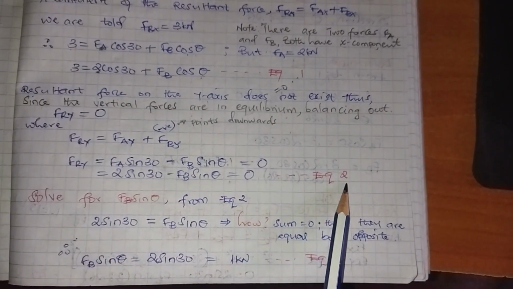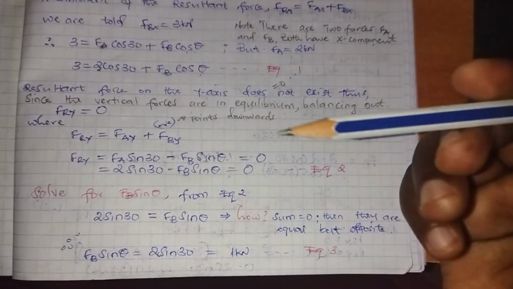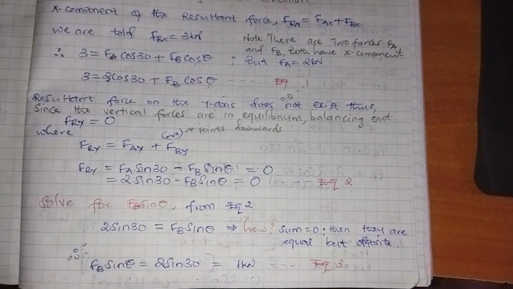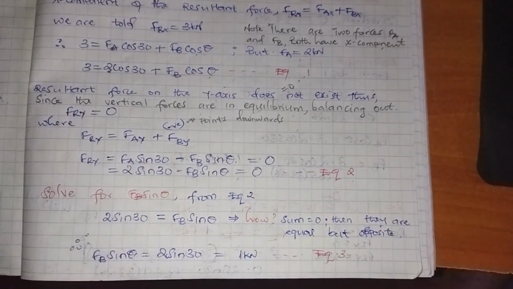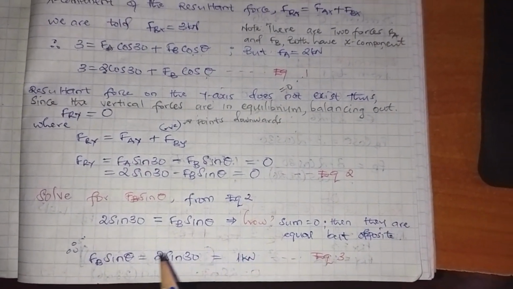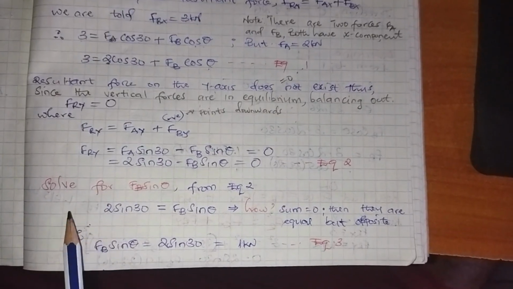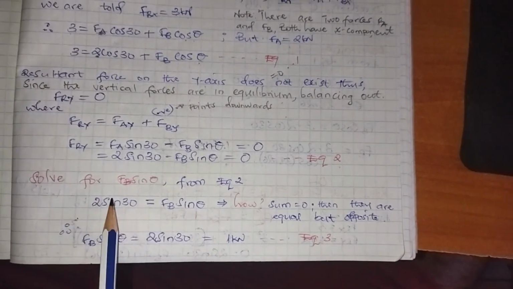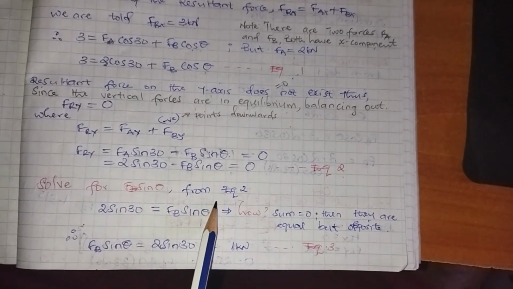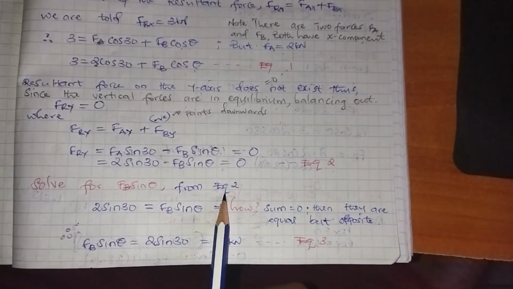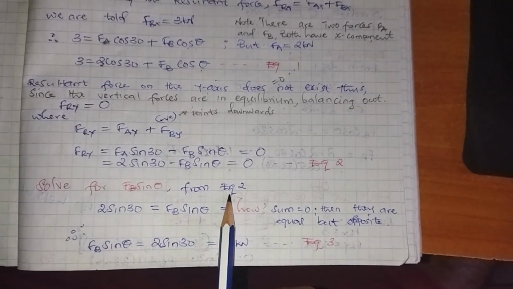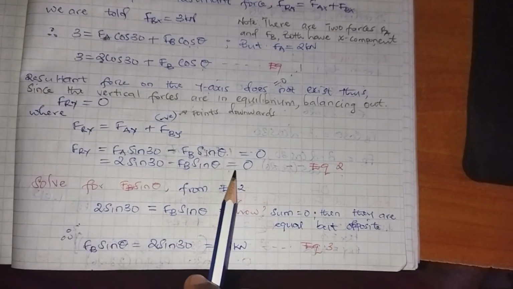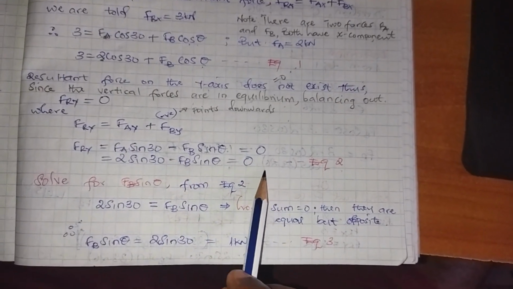So we call it equation 2. We work with what we know so that we can later get what we don't know. We can solve for sine theta from this point, because this one is 0. If you move this one to the other side, we can solve.